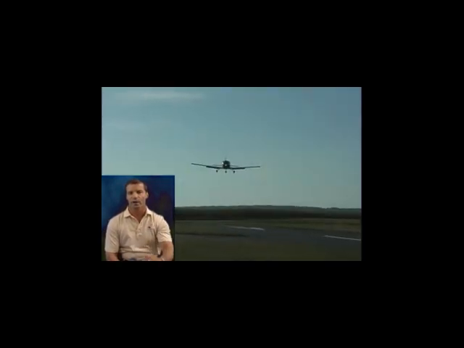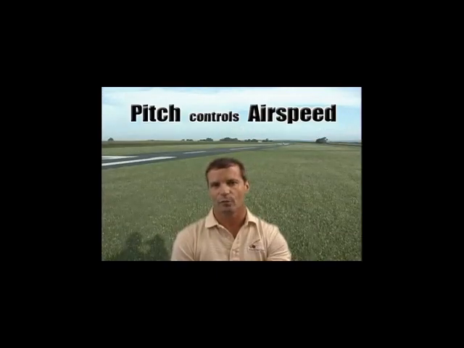So the technique that's best used, and again, one of the keys to a short field landing is energy management, so that you have the minimum amount of energy at the time when you cross the circle of action before you flare. A technique that I use is when I'm coming in on the final approach, I will use pitch attitude to control my airspeed, and I always stay right on top of airspeed because that's the most amount of energy that you need to bleed off during your flare and landing.